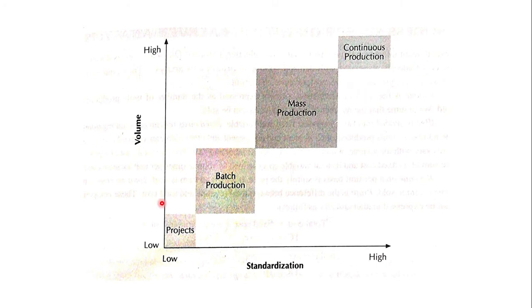If you climb the ladder, the standardization of the products increases, systems become more capital intensive, more automated, less flexible, and the customer becomes less involved in the production, like in giving their point of view on what they want. For example, if you take batch production, where I gave the example of IKEA.